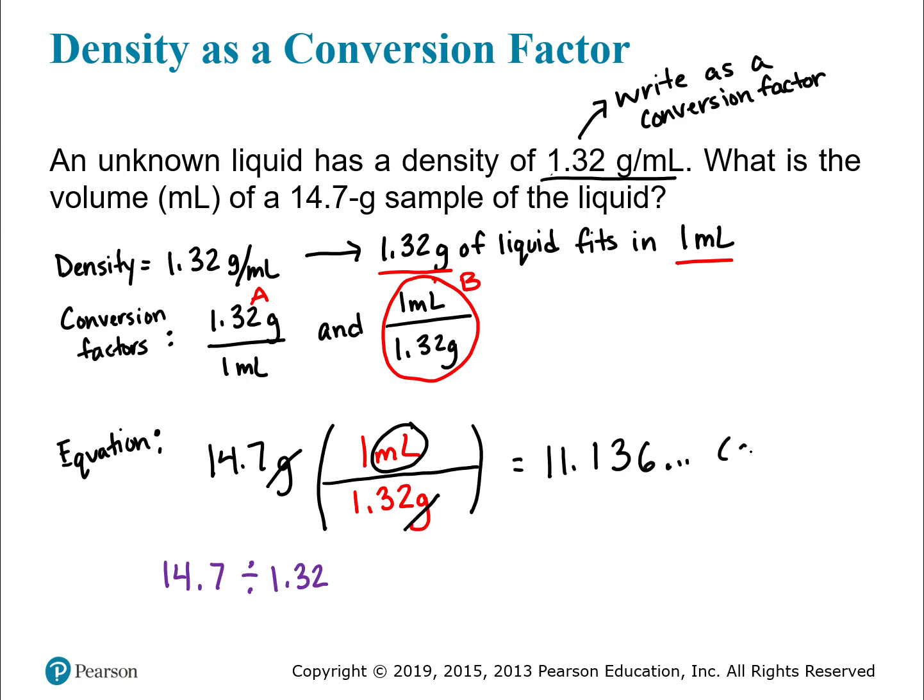So your calculator will tell you some long decimal number. But how many sig figs can we have for this problem? We can only have 3.